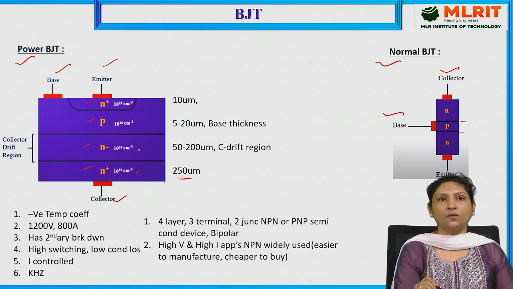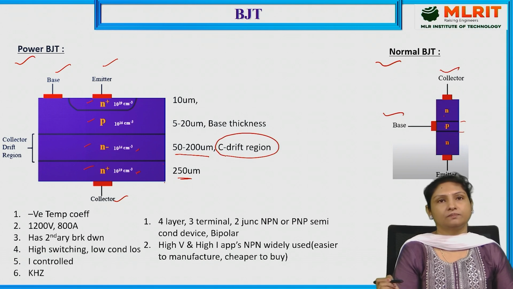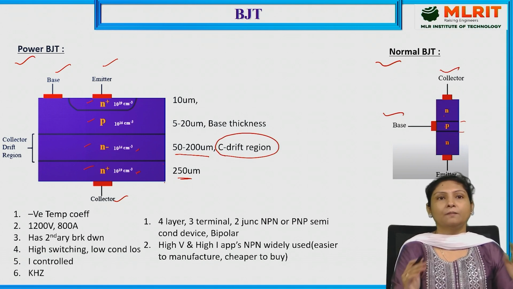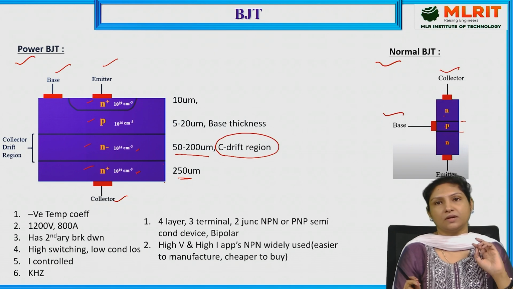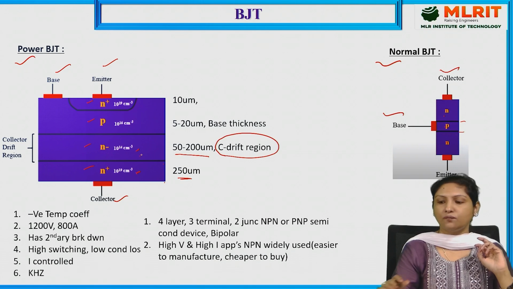And the thickness of this layer is about 50 to 200 micrometer, and this is termed as the collector drift region. This collector drift region determines the breakdown voltage of the device, and this is very important. This is the additional layer when compared to a normal BJT.